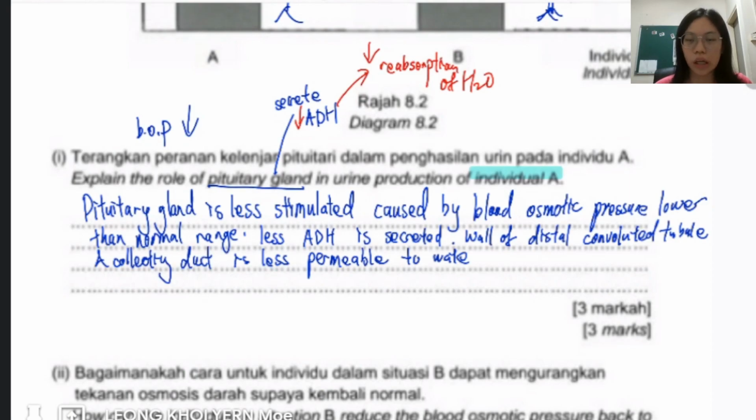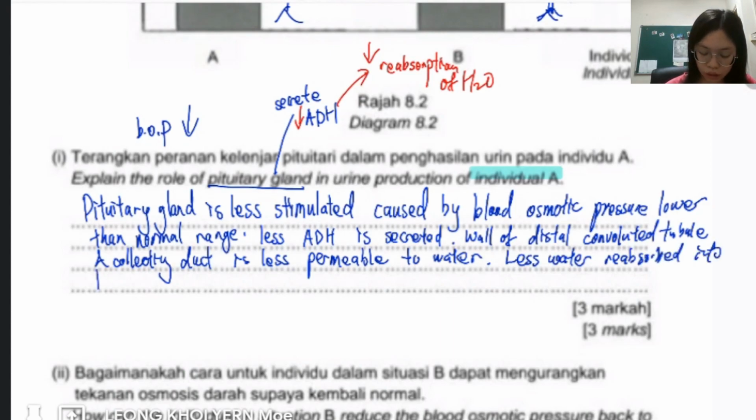So this results in a lot of water in the urine. So the urine volume will be more. So less permeable to water, so less water is absorbed into the blood capillary, so in the end it will be discharged.